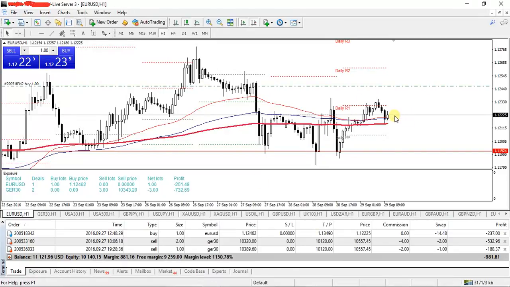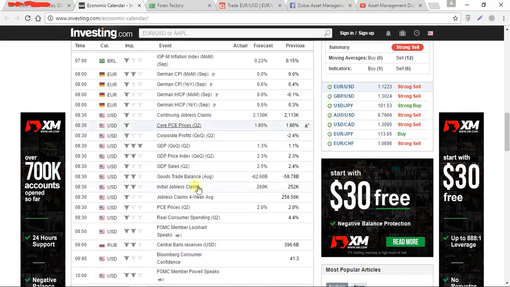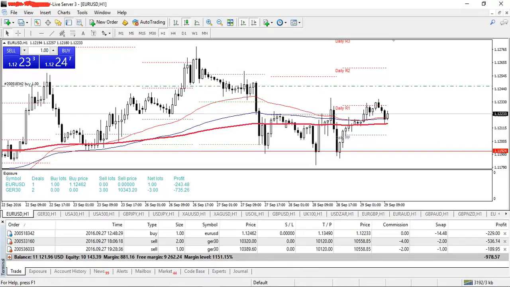So I will take a look when the US opens, and I will try to close my long positions around 1.1160, that level. And I will wait for this data from the US, and will update you later in the US session.